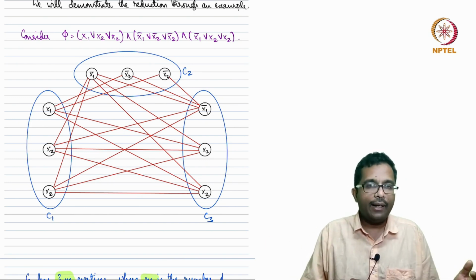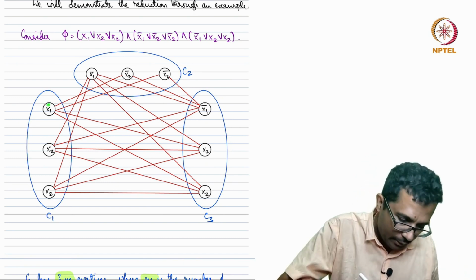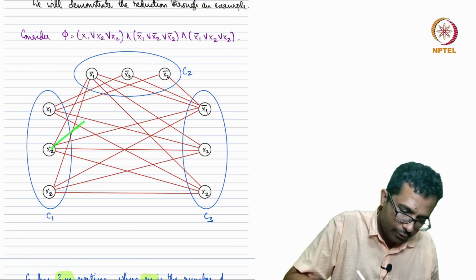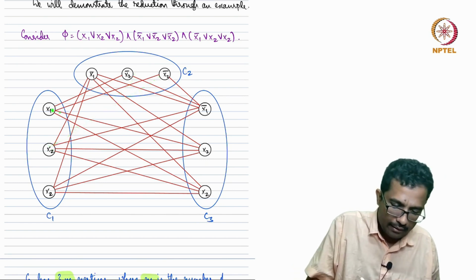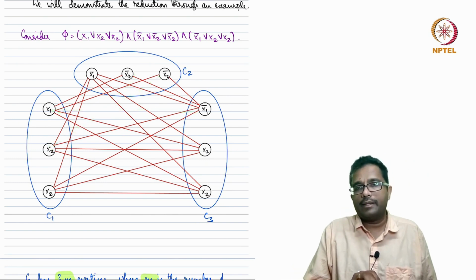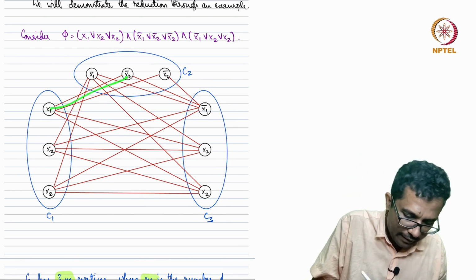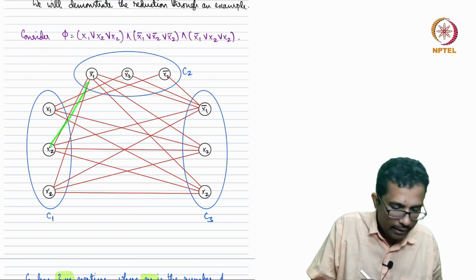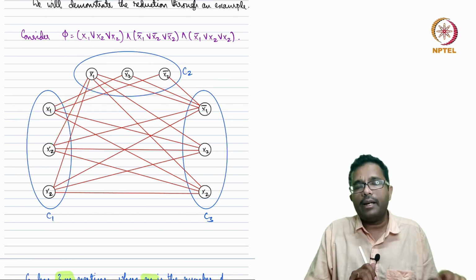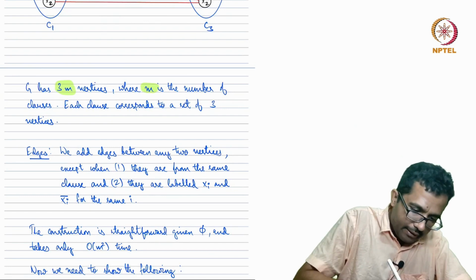So for any i, xi and xi complement cannot be adjacent. But x1 and x2 complement can have an edge, no problem. x2 and x1 complement can also have an edge, but for the same i, xi and xi complement cannot have an edge.